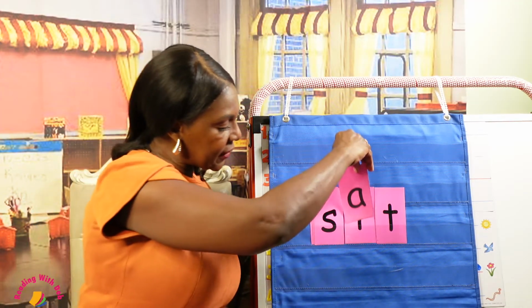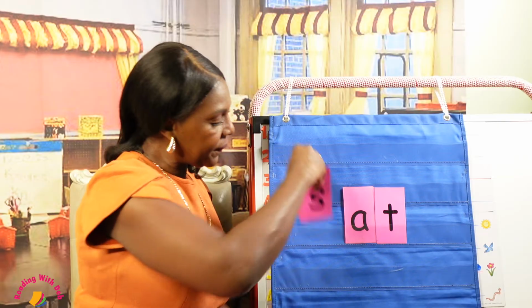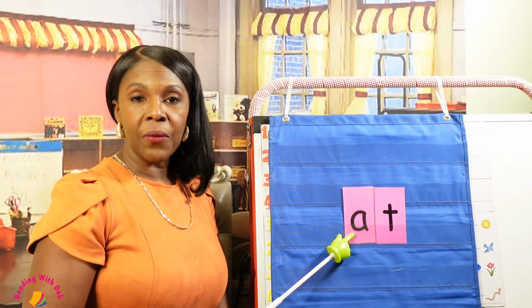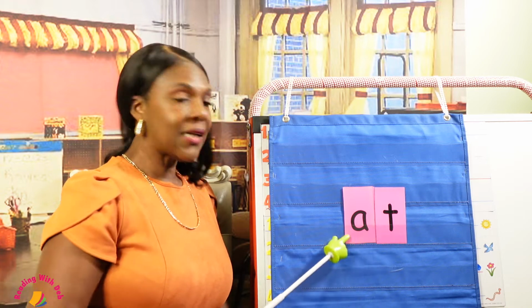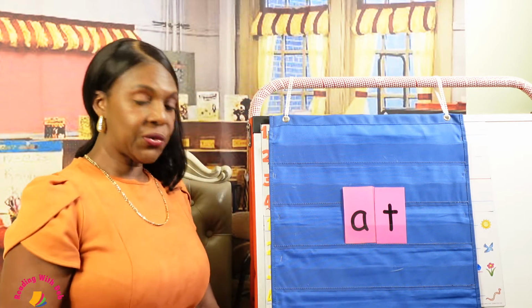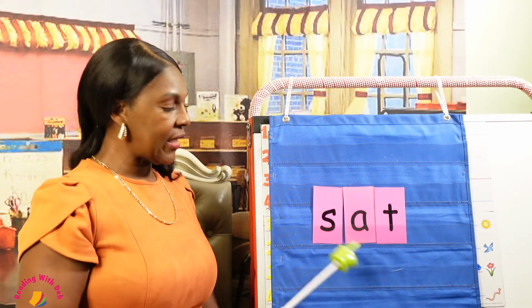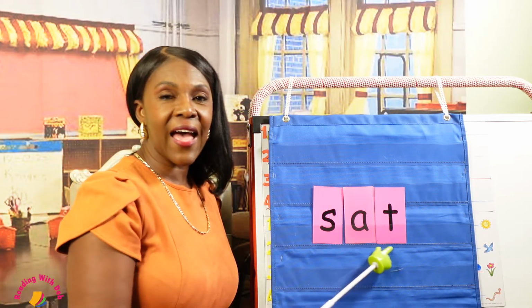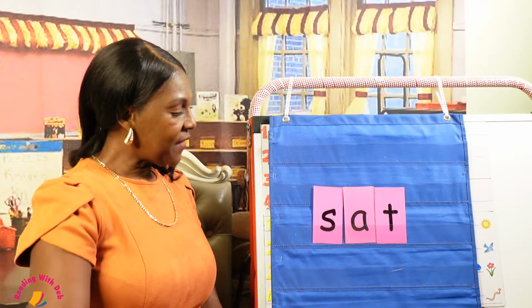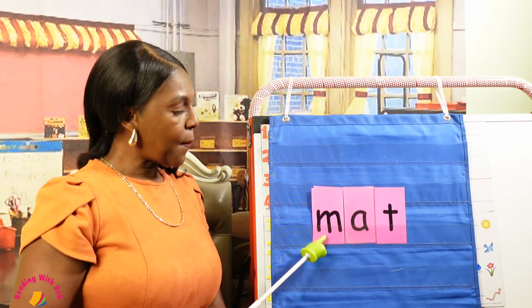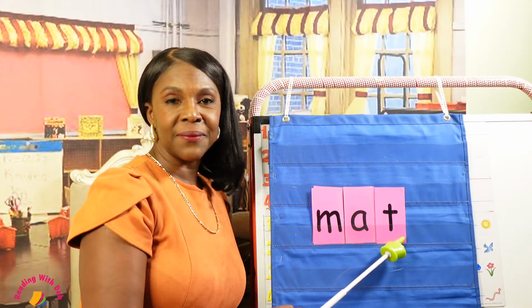What if I change this vowel to A? Let's sound it out now. At, at. Let's do the same thing. If I add the s to at, the word is sat. Good. If I add m to at, now the word is mat.